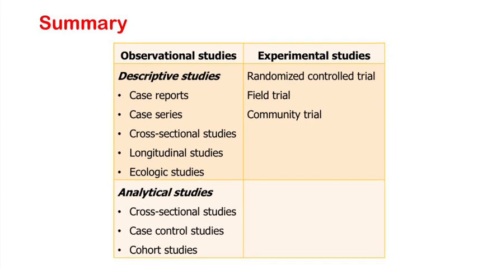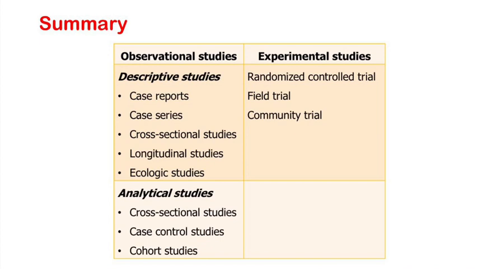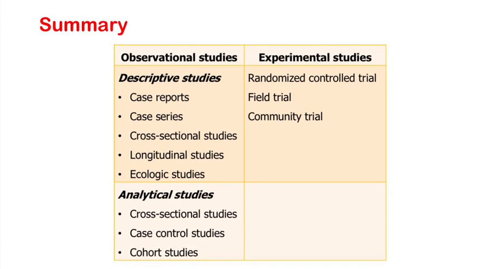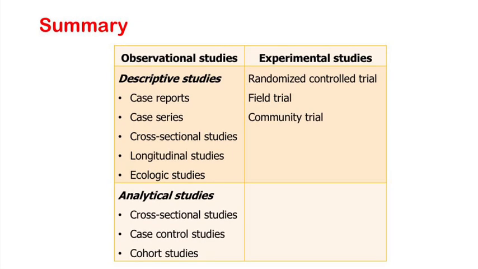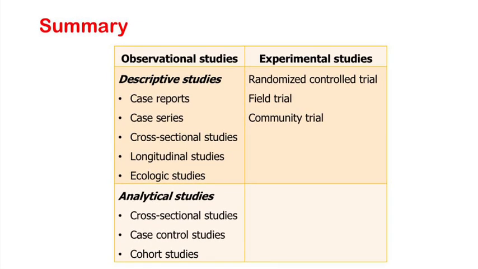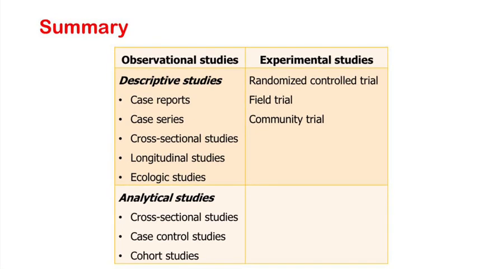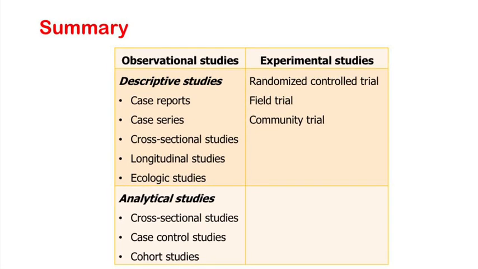And for rare exposure, we have to use cohort study, because we are starting the cohort study with exposed and unexposed. So it will be easy to get the exposed persons.